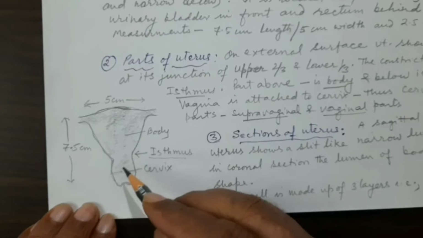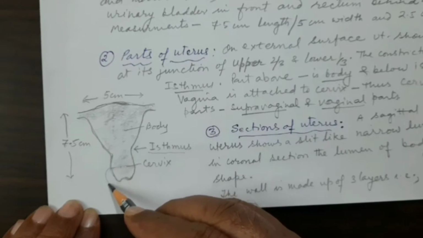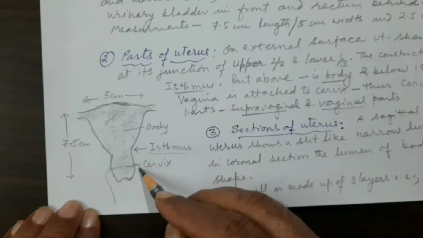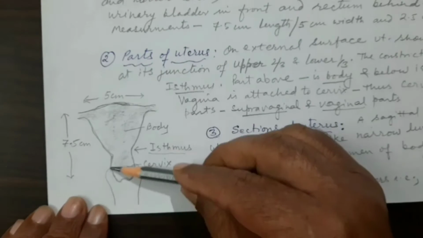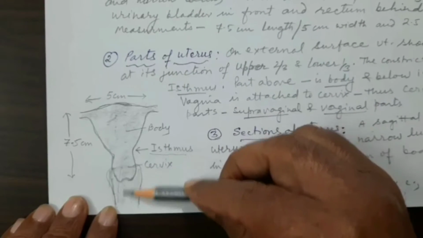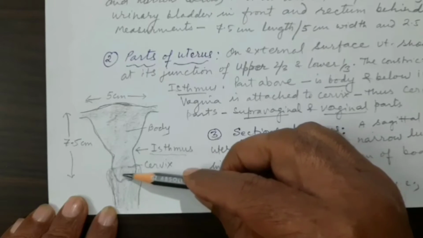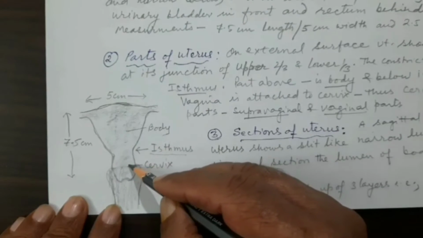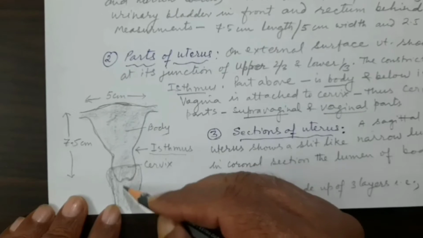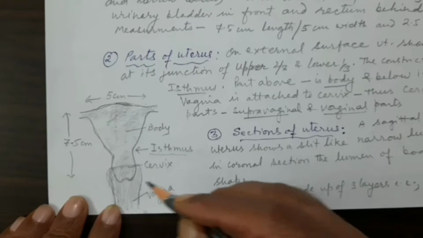The vagina is a tubular structure which is attached almost in the middle of the cervix, so that the lower part of the cervix lies within the vagina. Say for example, this is the vagina as we are seeing from the surface.